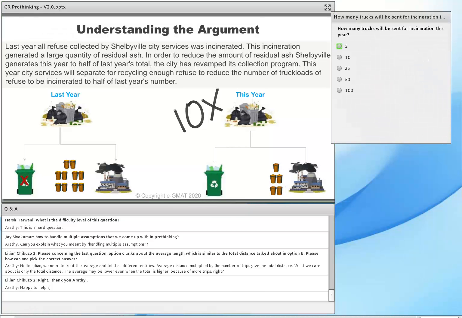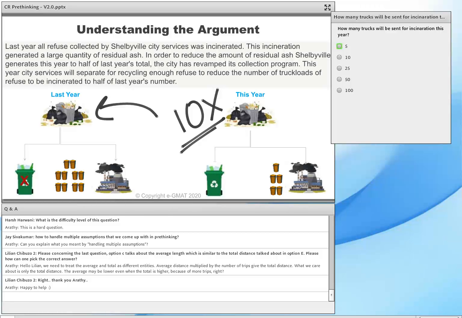Okay, if this garbage collected is 10 times as much, how many trucks will I send for incineration? And this is a read the argument before you answer the question. How many trucks will I send for incineration if I collect 10 times as much garbage as I did last year?